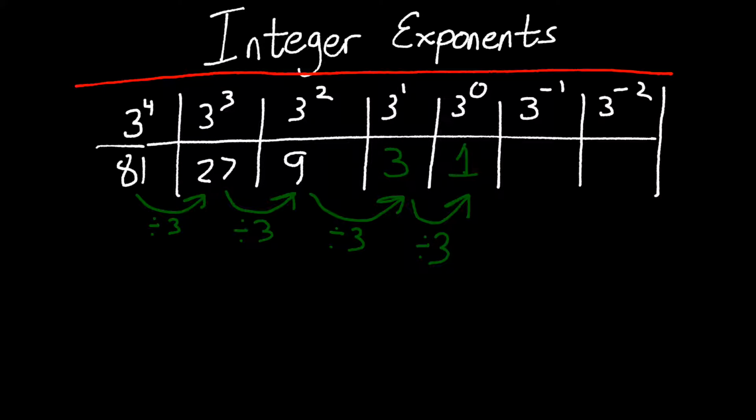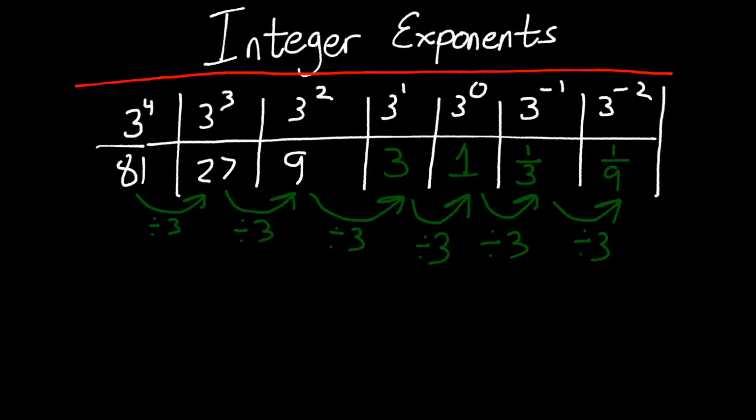And now we can figure out our negative exponents as well, because this pattern still continues. So I have 1 divided by 3, and this is 1/3. And once more, going all the way to the end, divide by 3 once more, and this is 1/9.